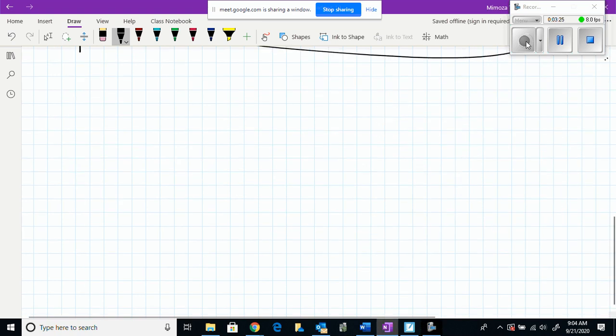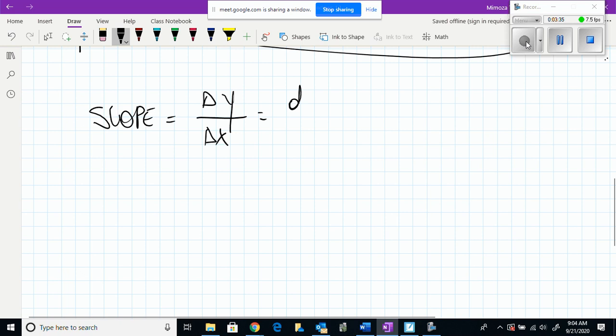And how do you calculate the slope? It is easy because the formula is even in your formula sheet. What is on the y-axis is the displacement, and what is on the x-axis is the time when we are dealing with a position or displacement time graph.